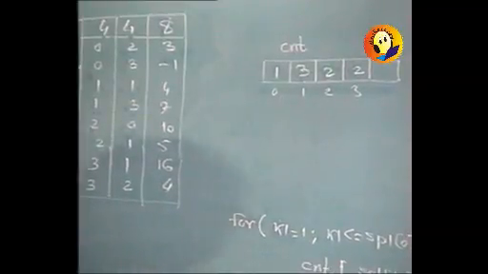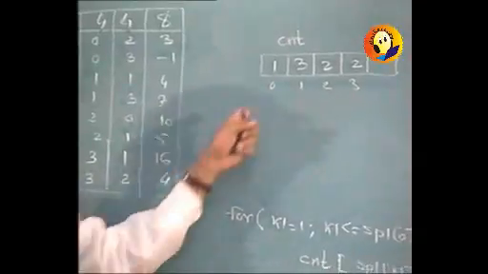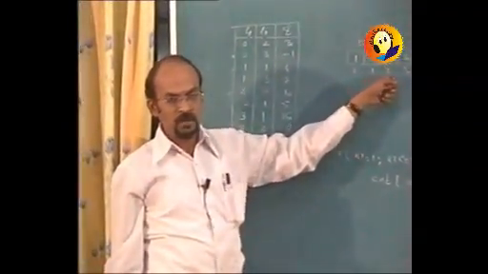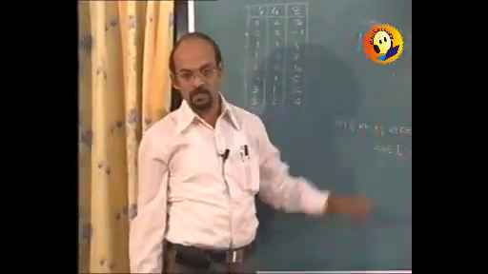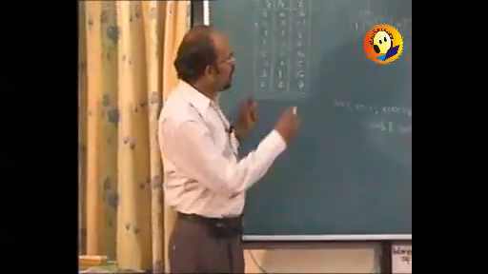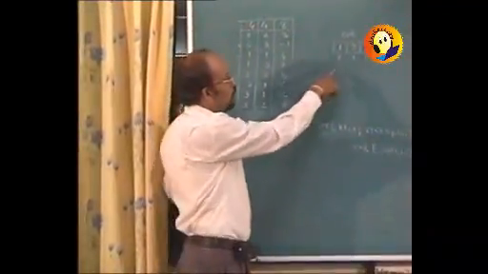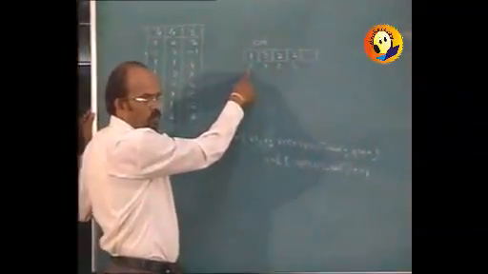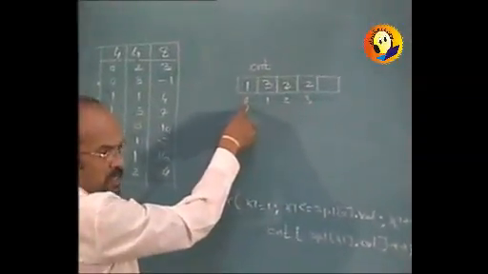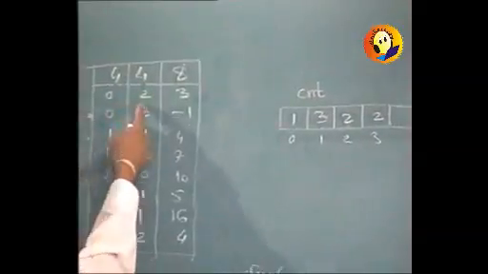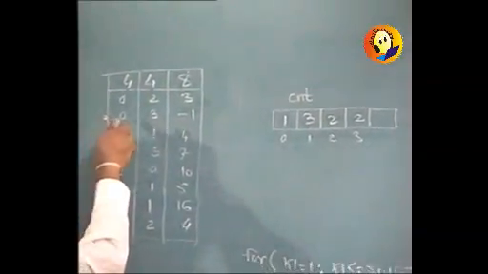What we have done, we have counted how many elements are there in column 0, how many in column 1, how many in 2, and how many in 3. From here, I will come to know that if there is only one element of column number 0, then it will always go as the row number in the resultant.